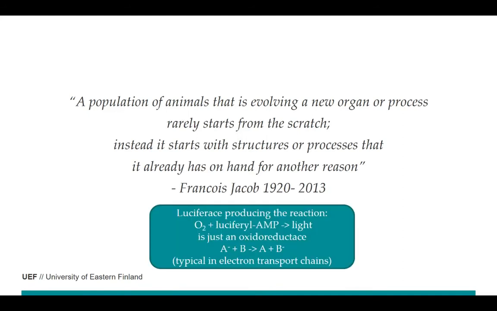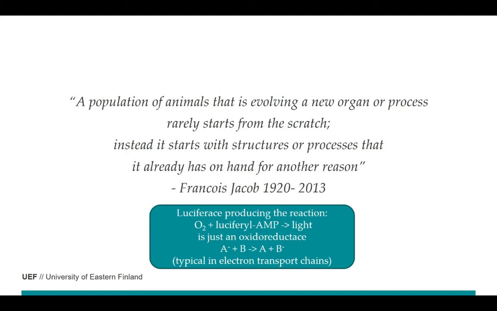Like luciferase is producing this reaction, so oxygen is reacting with luciferase AMP to produce light. But the luciferase is at the same time just one enzyme that is an oxidoreductase. Oxidoreductases are enzymes that are taking electrons from one molecule and putting the electrons on another molecule.